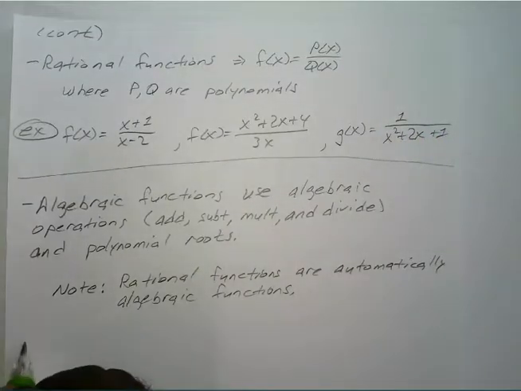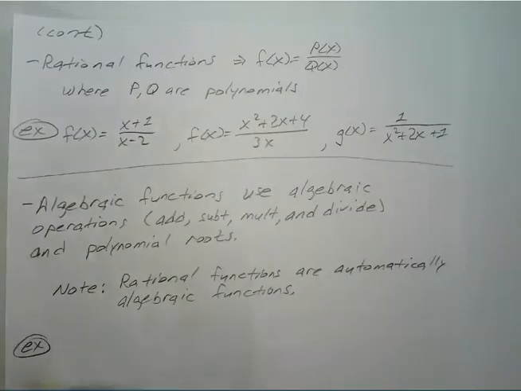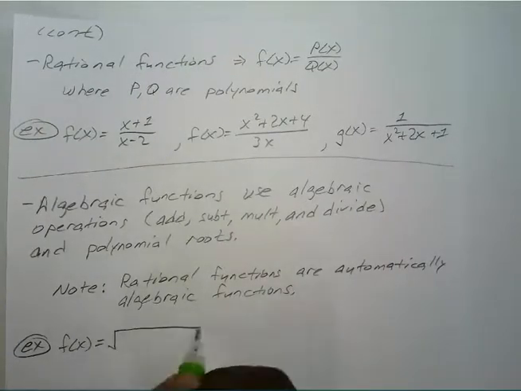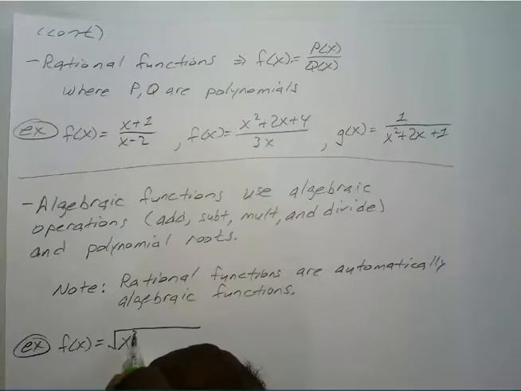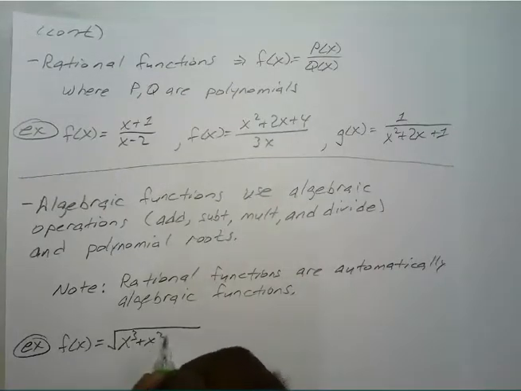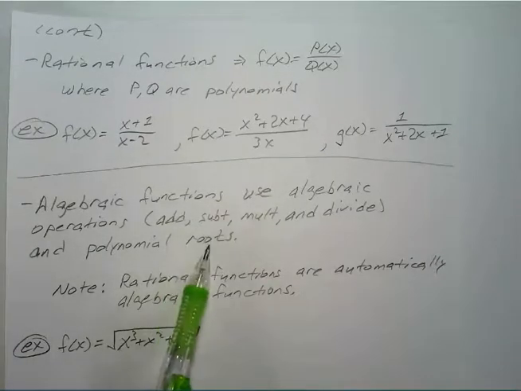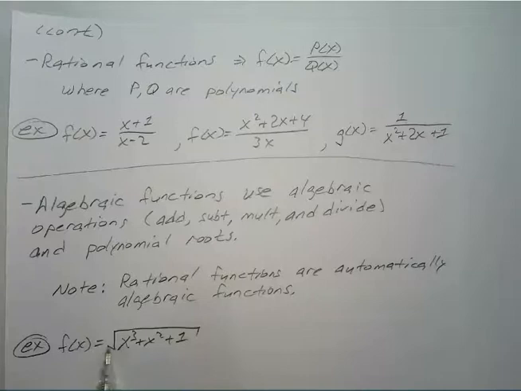Okay, so let's say, for example, if you have f of x equals the square root of x to the third plus x squared plus 1. Okay, this is a polynomial root. This isn't just a root. Now, if you just had square root of x to the third, that would be a power function. I mean, a root function.